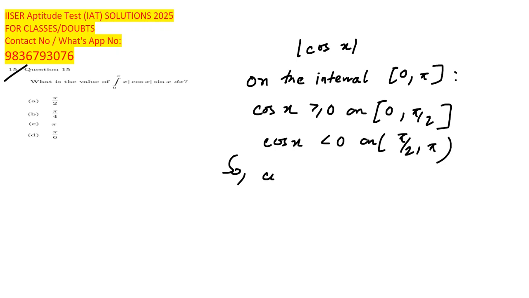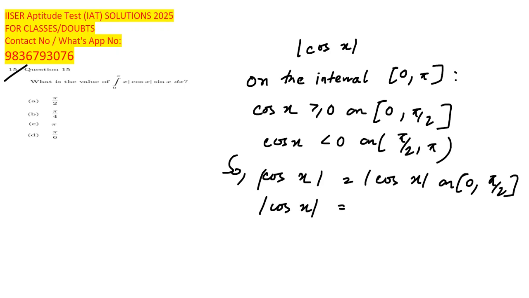So then |cos x| is cos x on 0 comma pi by 2. Okay, so now |cos x| is minus cos x on pi by 2 comma pi. So then first we will split the integral.